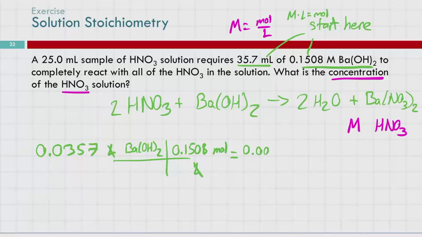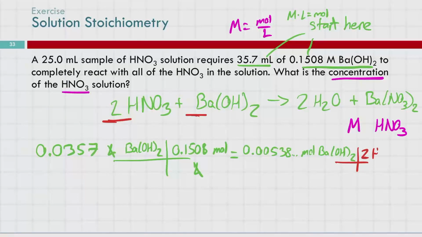0.00538 moles barium hydroxide. What's our ratio between barium hydroxide, the thing we have, and nitric acid, the thing that we want? 2 to 1. 2 HNO3 to 1 Ba(OH)2.